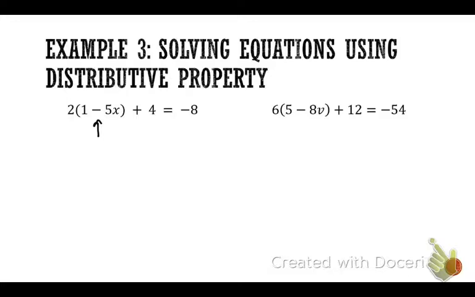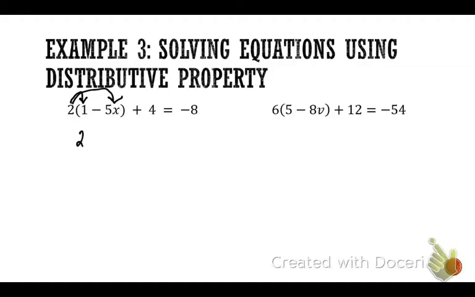The number on the outside of the parentheses must be, here's where they get the name, distributed or multiplied by every term inside the parentheses. Now, one thing you want to be really careful about is the sign. You want to make sure that the sign is accurate. So 2 times 1 is 2.